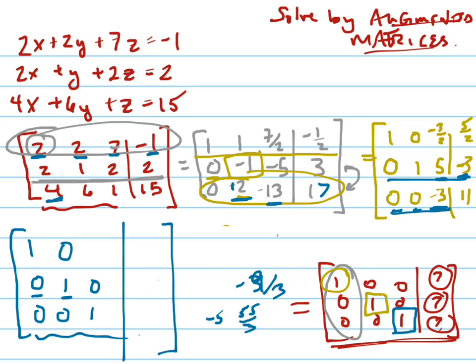Positive 2, 0, positive 2, positive 2, negative 23. Positive 2 is 6. Oh, yeah. That becomes a 23. There we go. It was just a simple mistake that I made right there.